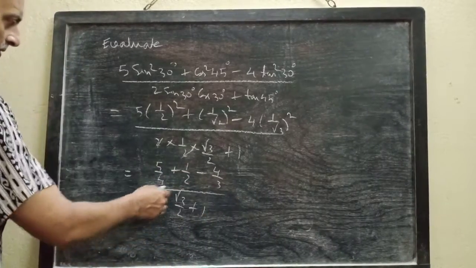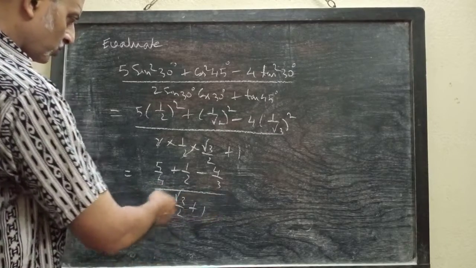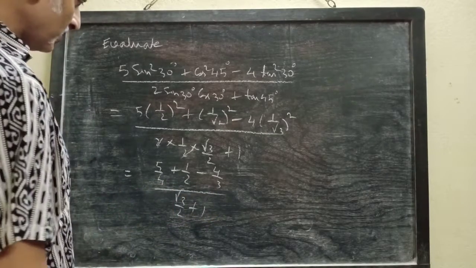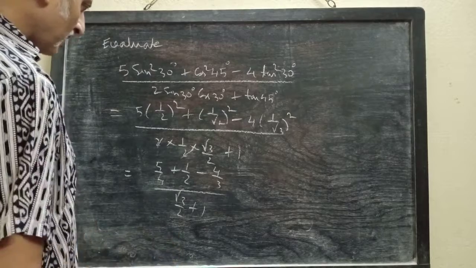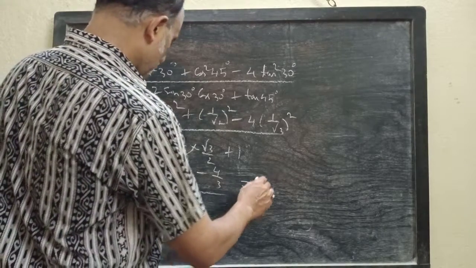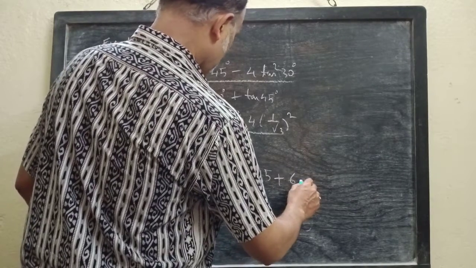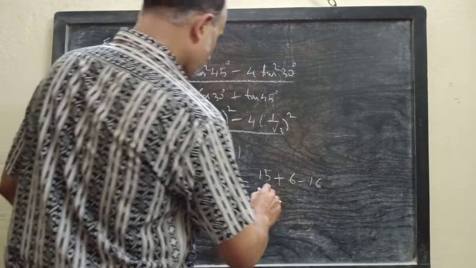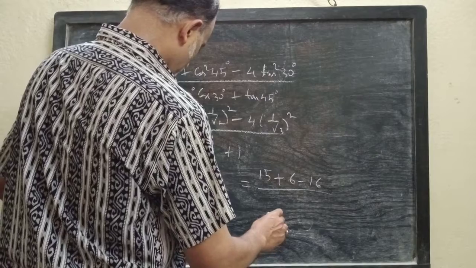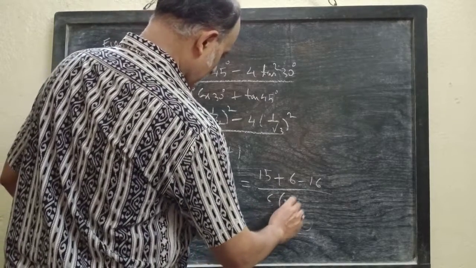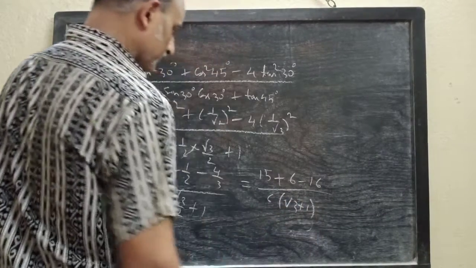Now follow the LCM of the denominators, 2, 3, 4 and here is 2. So LCM is 12. So multiply both n and d by 12. You will get here 15, here 6, here 16, 12, then 6 into 3 plus 1.